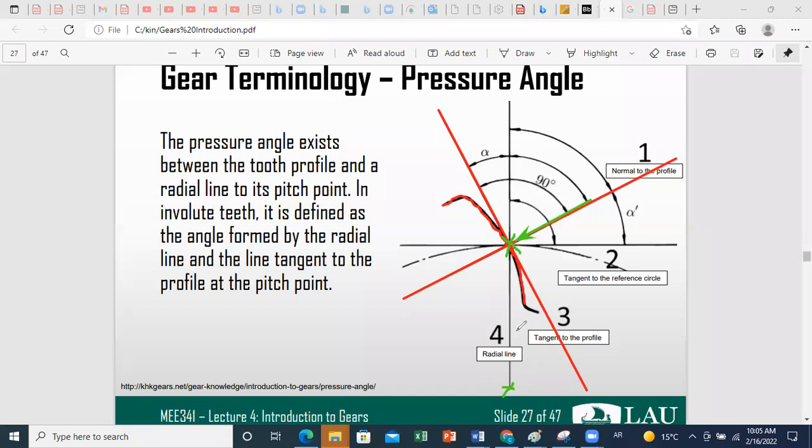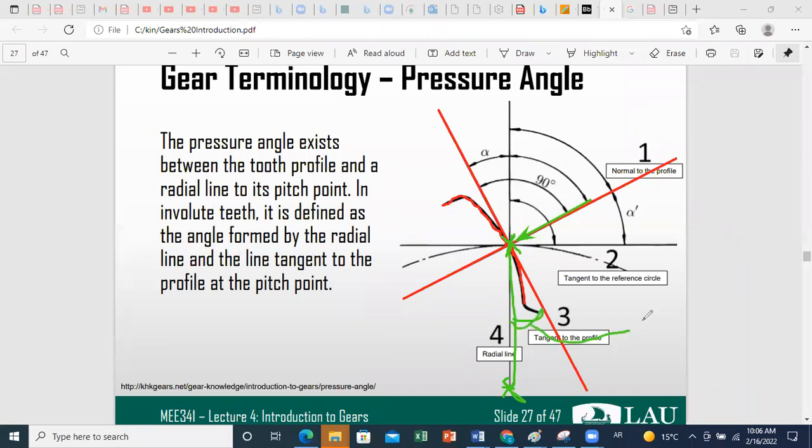So here you have a line passing by this point and the center of your gear from this side. This is a radial line. And in this case, we can define the pressure angle as the angle between the radial line passing by the center of this gear and the contact point on the pitch circle, and the tangent to the involute. This is what we call the pressure angle.